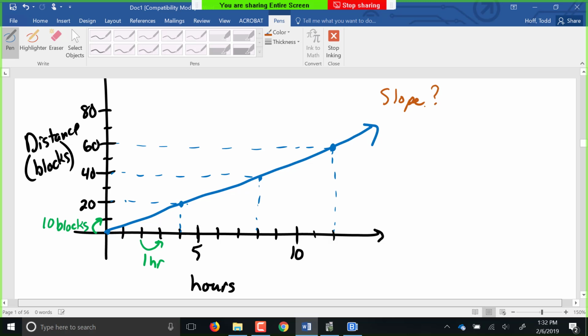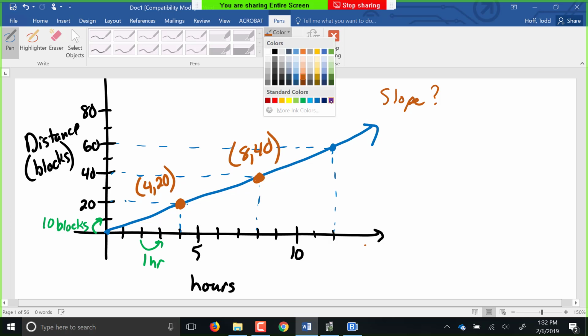Well, there's a lot of ways we could approach it. One way is from what we just learned, we can just pick any 2 points on there. What's the coordinate of this first point here? There we go, I heard it, (4, 20). What's the coordinate of this point? (8, 40), perfect.